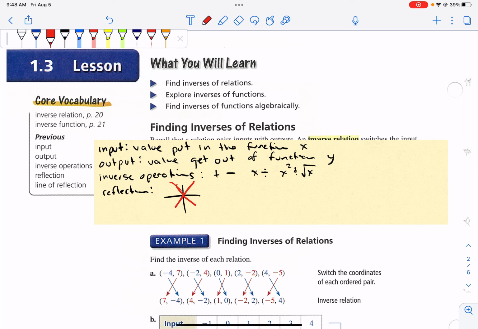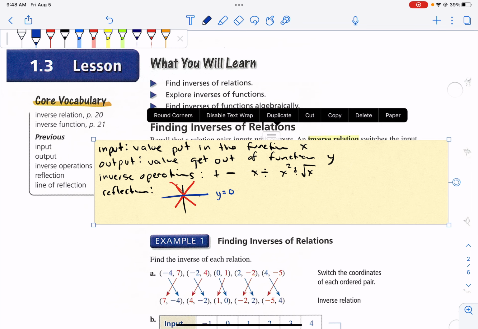It's just a reflection of the original function, which takes us on to our next definition. This line right here, Y equals 0, that would be our line of reflection because that's kind of the line where the mirror would be. The image on top reflects over Y equals 0 or the X axis and gives you your new image below.